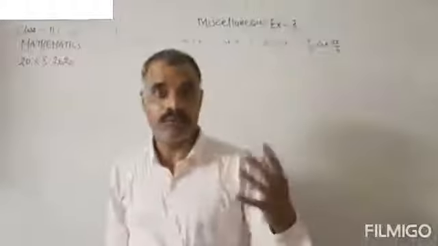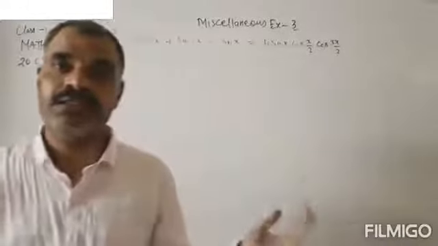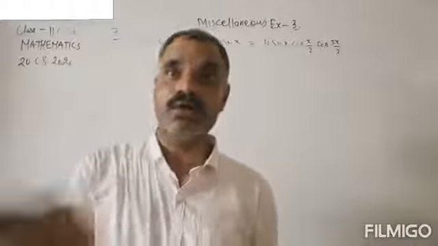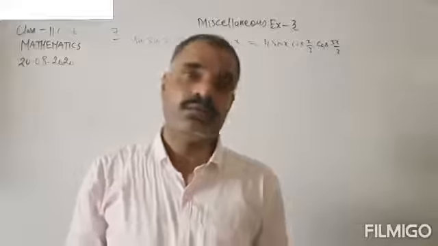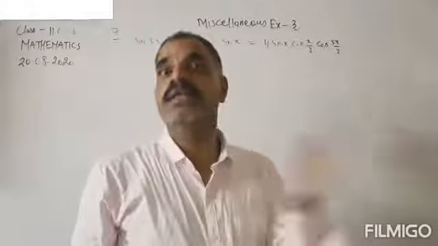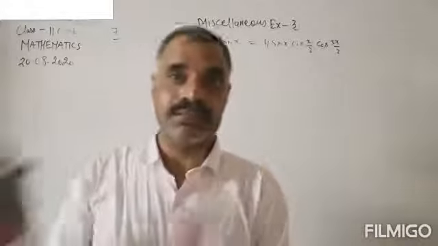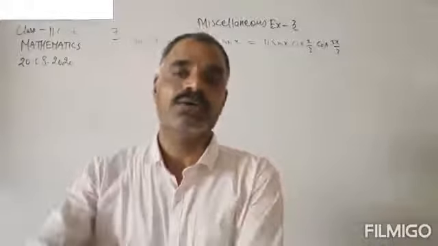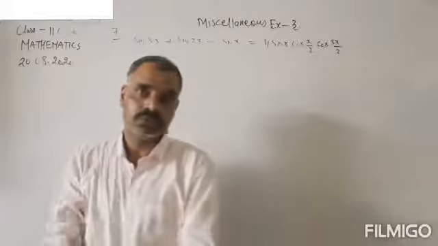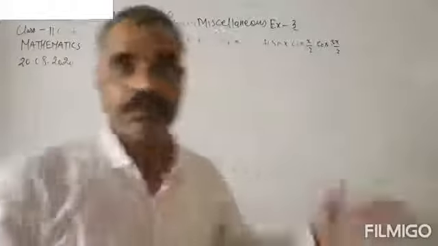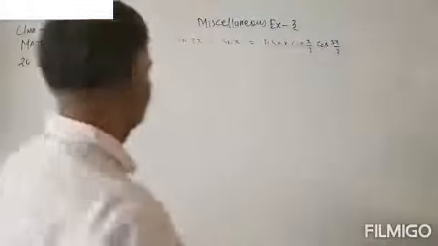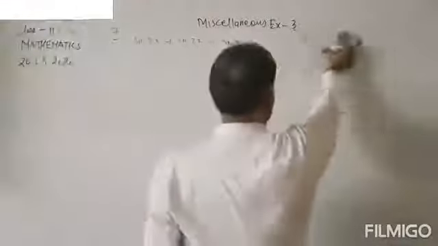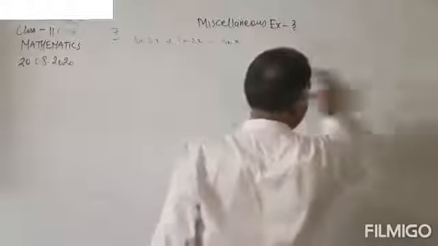We have to show left hand side is equal to right hand side, or right hand side is equal to left hand side. Any side you can take, the other side you have to show. Obviously we will start from the left hand side.